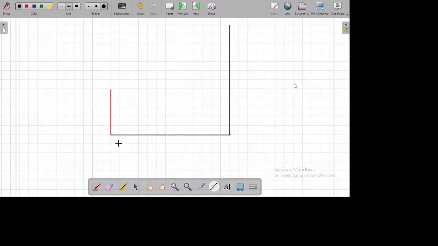So this is 200. So the question said one lamppost is double. So I'll write here x and I'll write here 2x. Let's say this is Bn, this is SP.